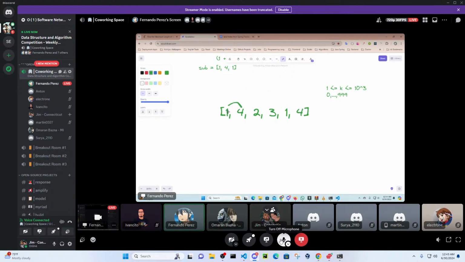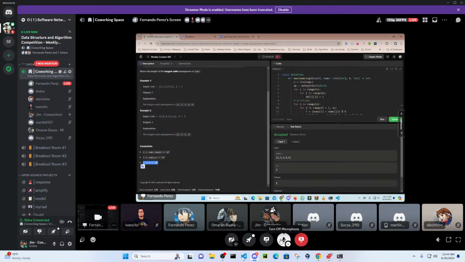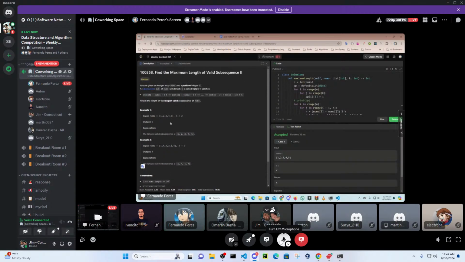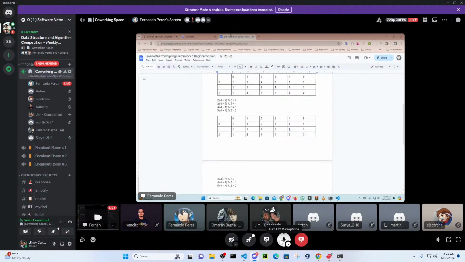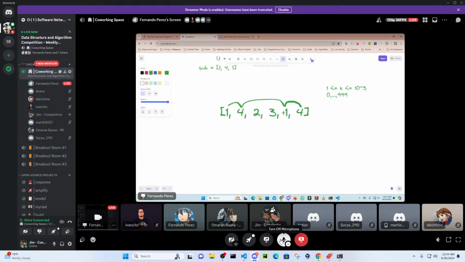It's like you combine 1 and 4, and 4 combine with 1, and you have a valid solution. This is the largest subsequence, because the solution for the second one is 4. Yeah, so that's your solution.